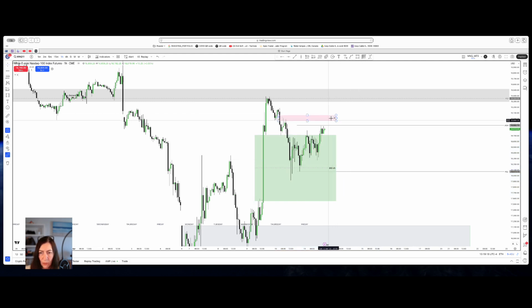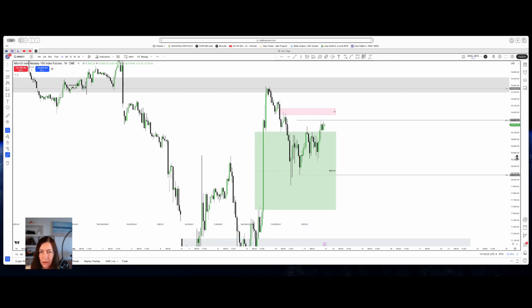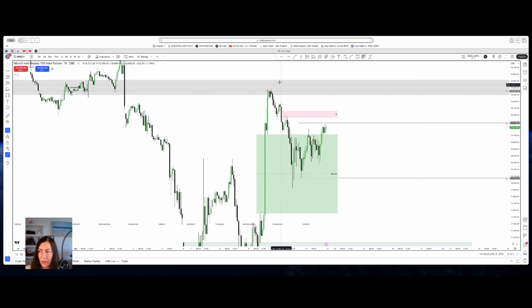So we have this open area of interest here. And then, of course, we have our demand area up here. Okay.